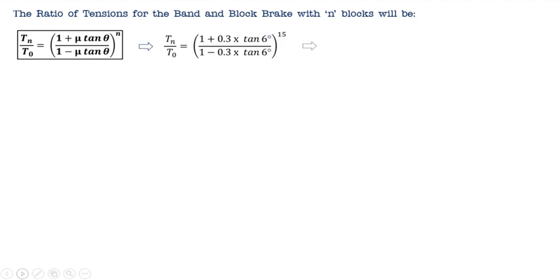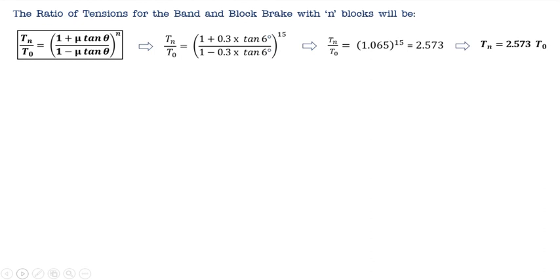From here we get Tn upon T0 is equal to 1.065 to the power of 15, which is equal to 2.573. This gives us Tn is equal to 2.573 times T0.